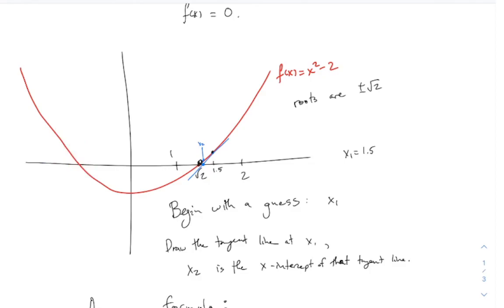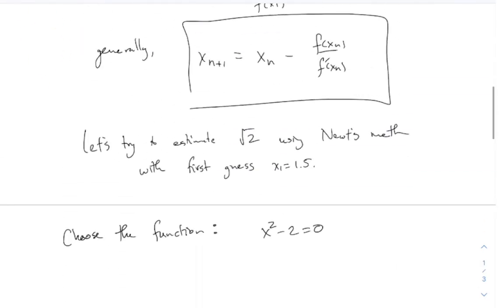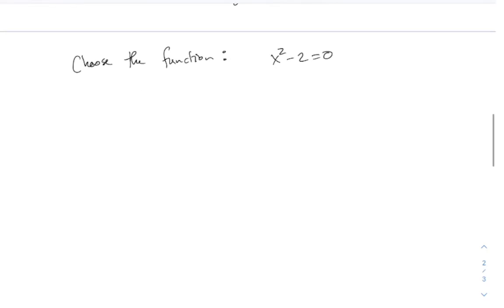Okay, so this is the function, f of x equals x squared minus 2. And now we basically have all the ingredients to work this out completely. My first guess is x1 equals 1.5. The formula does involve the derivative, it had an f prime in there, so we might as well find the derivative.